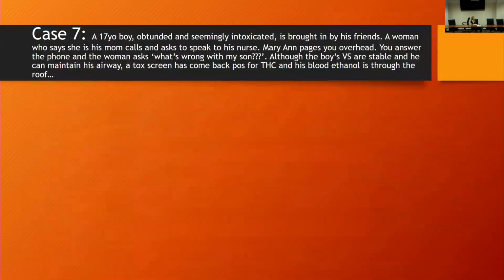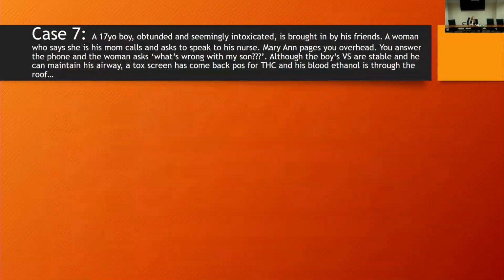A woman who says she is his mom calls, asks to speak to his nurse. Marianne pages you overhead. You answer the phone. The woman asks, "What's wrong with my son?" And although the boy's vitals are stable and he can maintain his airway, the tox screen has come back positive for marijuana and his alcohol is through the roof. So what can we say?